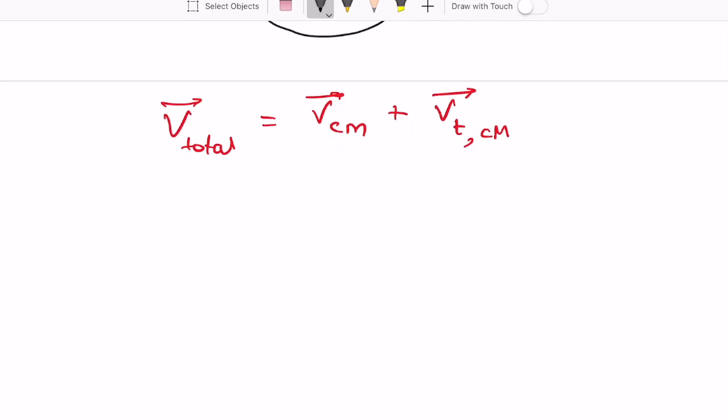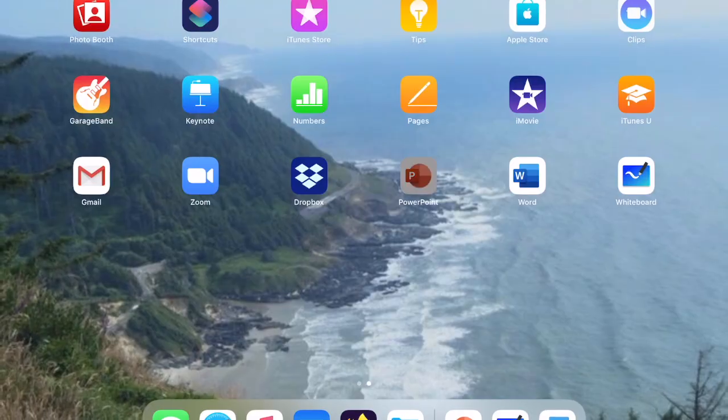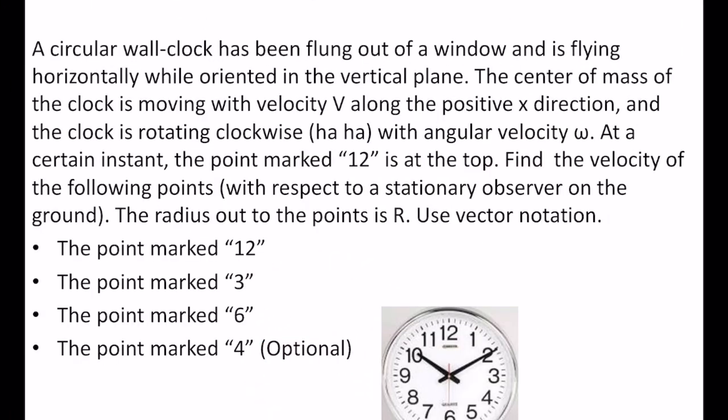So the example is a circular wall clock that has been flung out of the window and is flying horizontally while oriented in the vertical plane, right? So it's exactly what we talked about, except that this time it's a clock. Imagine that the clock is vertical and it's spinning and it's flying with some velocity, VCM.